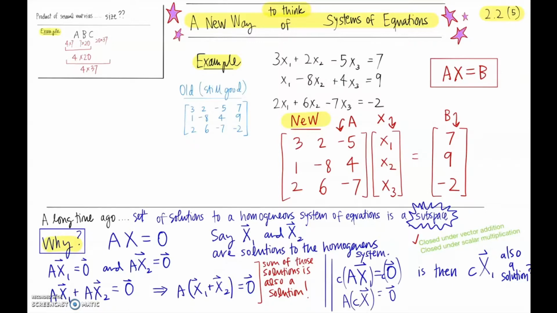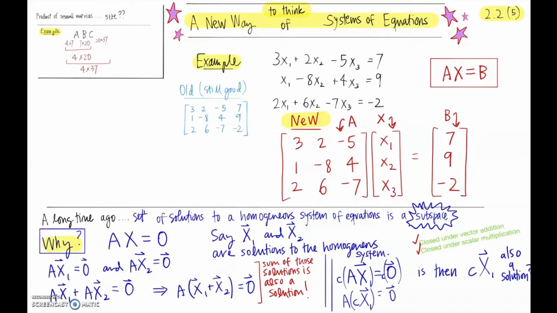Well, if that's true, then definitely C times the vector x1 is the 0 vector, which makes this a solution. And so we've proven that a scalar multiple of a solution is a solution as well. That means that this set is closed under scalar multiplication.